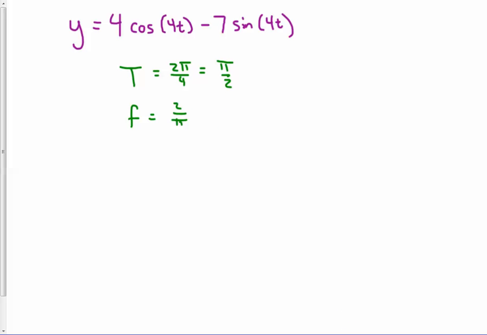All right, so that much we can tell, but if we want to know more, especially the amplitude, that's the big thing. If we want to know the amplitude of these oscillations, we would need to convert, or at least do the a squared plus b squared thing. So c is the square root of 4 squared plus 7 squared, giving us the square root of 57.